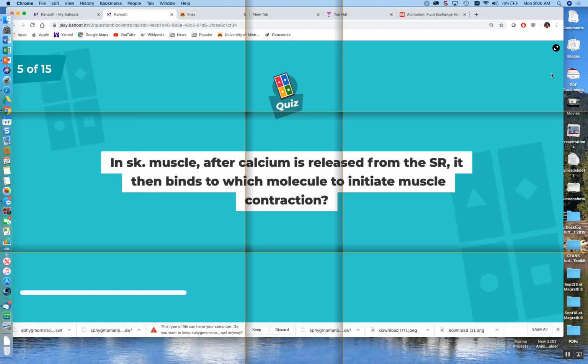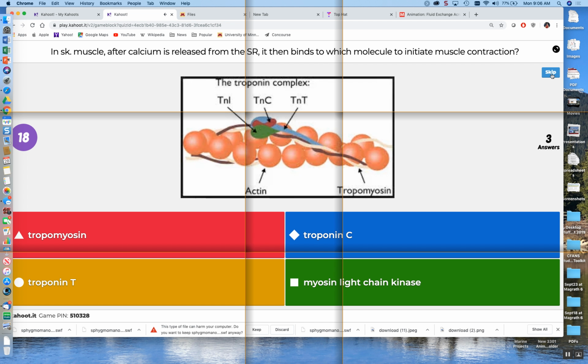In skeletal muscle, after calcium is released from the SR, it then binds to which molecule to initiate muscle contraction? Is it tropomyosin, troponin C, troponin T, or myosin light chain kinase?